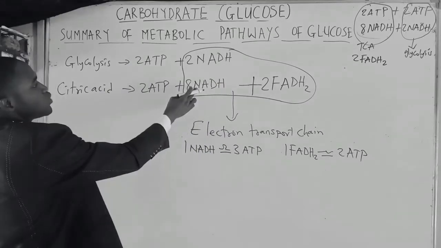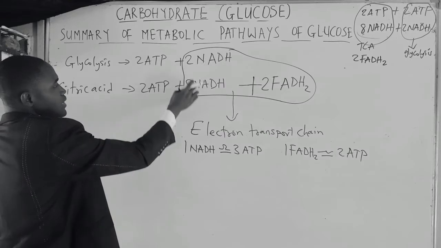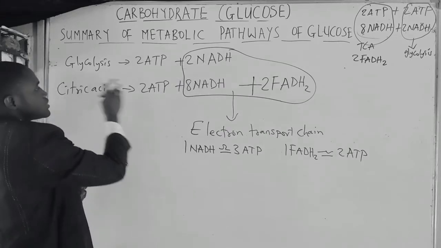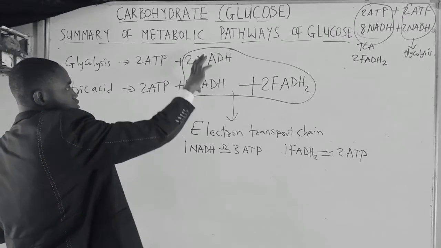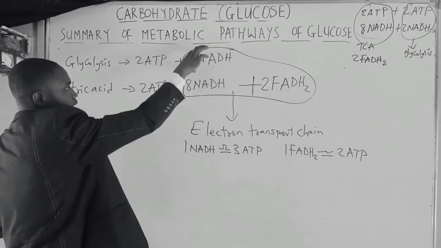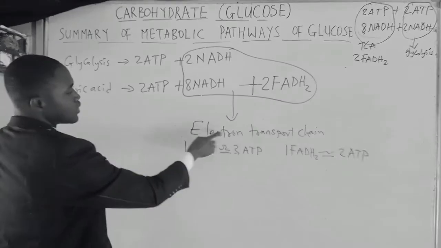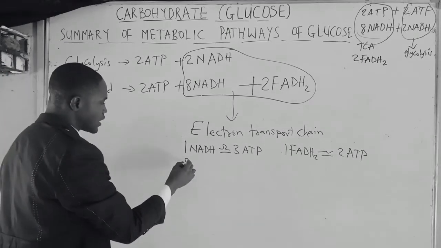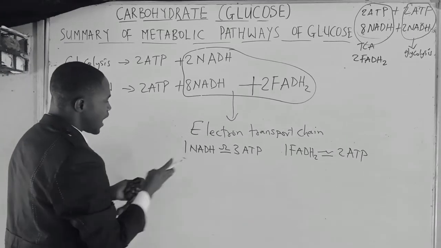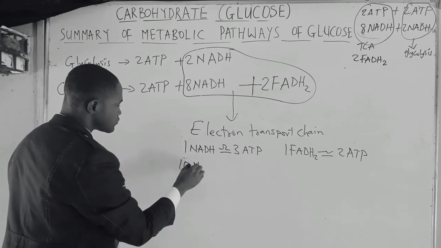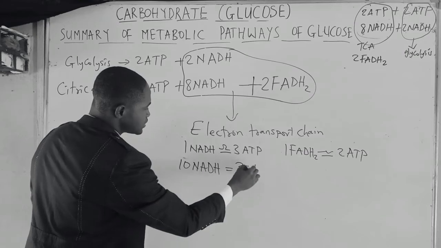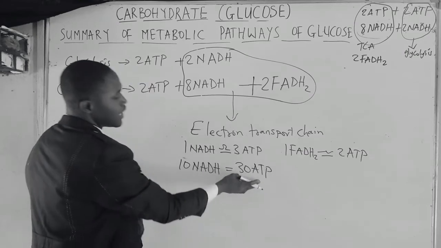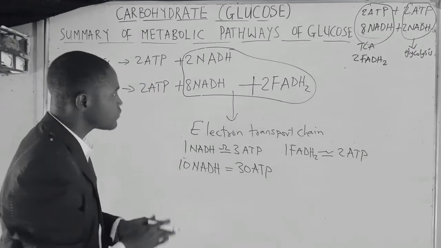Since we have a total of 10 NADH, 2 from glycolysis and 8 from the citric acid cycle, this total of 10 NADH will go into the electron transport chain, and we will have a total of 30 ATP produced. This is the energy that the body makes use of.